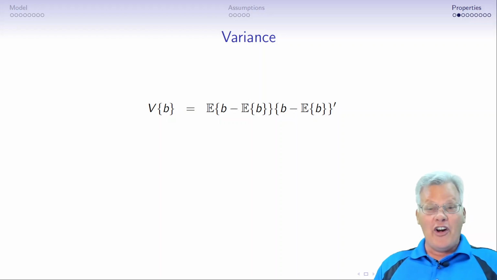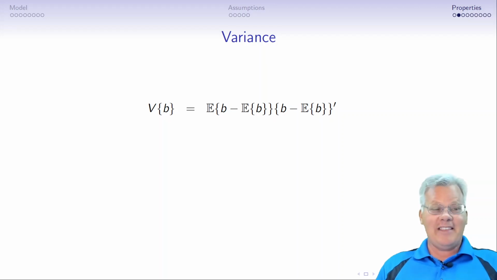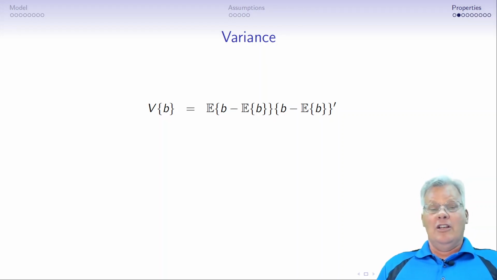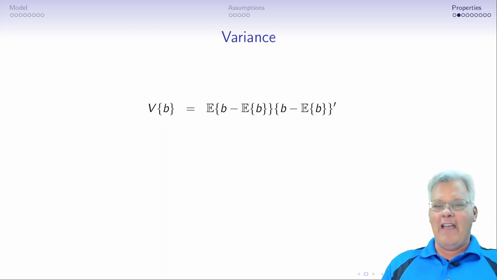To get the variance of B, the math stat definition of the variance is the expected value of B minus its expected value squared. And this is the matrix math analog to that. So it's a quadratic built around the deviation of B from its expected value beta.